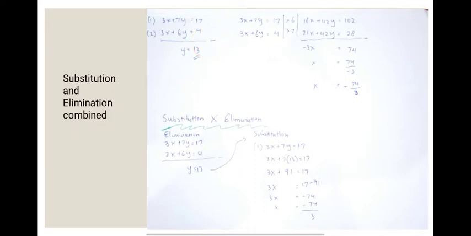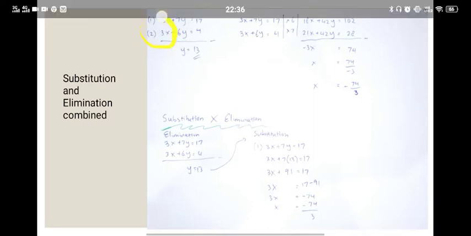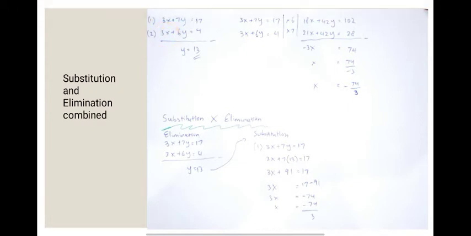If we do the addition, we are doing nothing good, because again the goal is to eliminate one of the two variables. If we do addition, this will be 6x, this will be 13x, 13y. None of them is eliminated, so how can we find x or y? We can't. So we do subtraction, because the 3x will be eliminated, and then we can get the y.